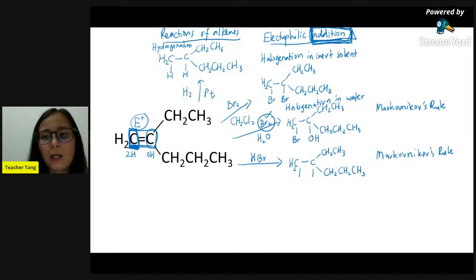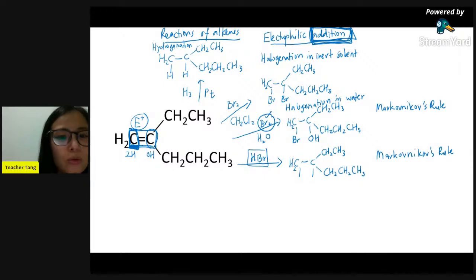What does Markovnikov's say? Again, when we add HX into a carbon-carbon double bond, the hydrogen will go to the side of the carbon-carbon double bond that has more hydrogen. So the first carbon here has more hydrogen.